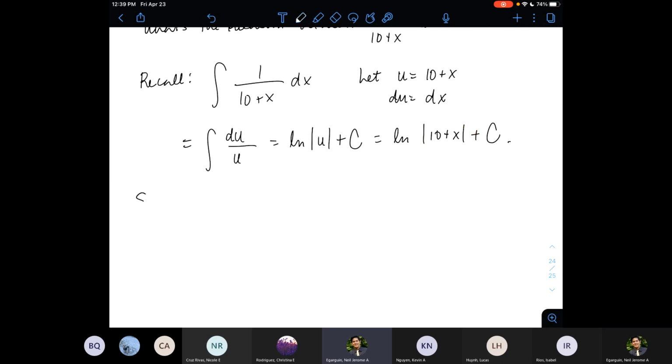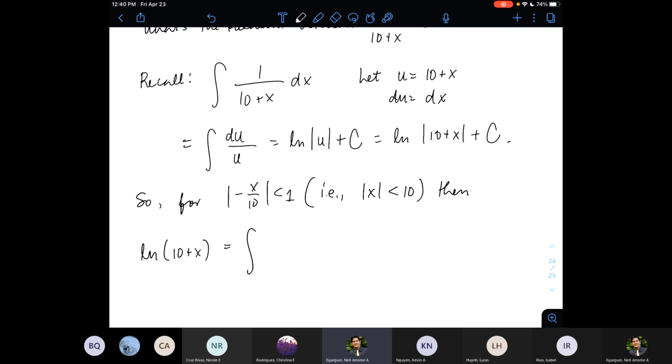So for x's with absolute value of x less than 10, this is always positive because our x's have magnitude less than 10. So we'll have ln of 10 plus x is equal to the integral of 1 over 10 plus x dx.